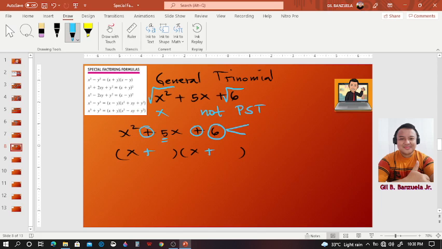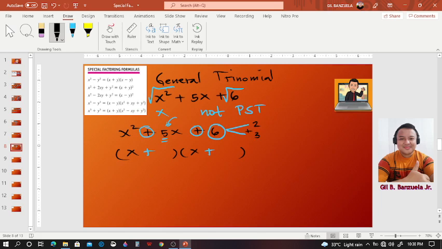Again, if the last term is positive, we are looking for the two numbers that, when we add, the result is the middle term. Kapag positive yung dulo, ang hinahanap natin ay yung dalawang number na kapag pinag-add, ang sagot ay yung middle term. So basically, 2 times 3 is equal to 6, right? And 2 plus 3 is equal to 5.